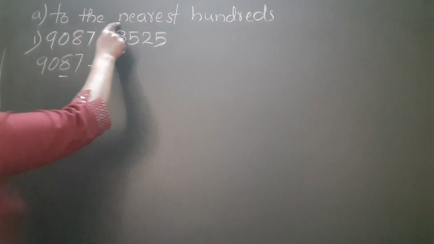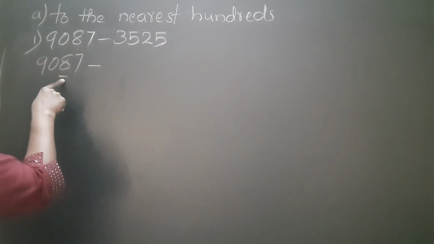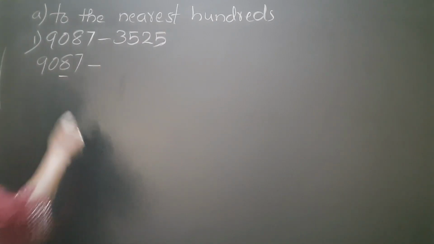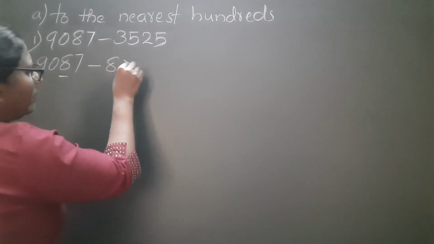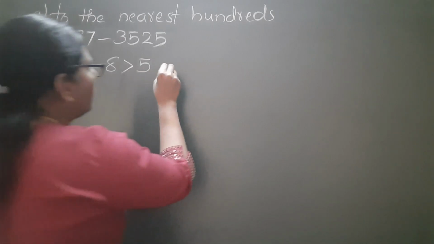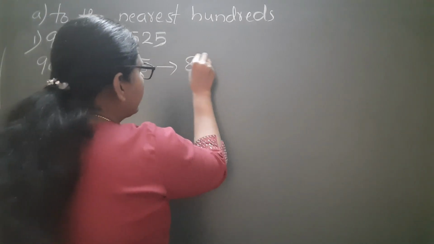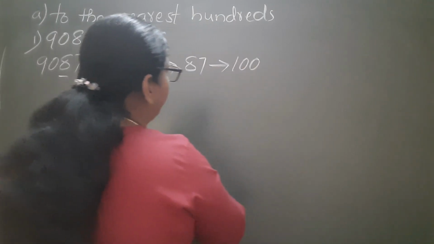To round off to the nearest hundreds, we have to see which digit is in the tens place. Here it is 8. 8 is greater than 5, so 87 rounds off to 100.